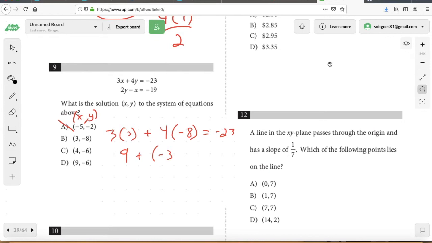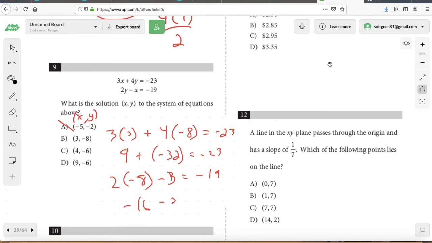That's looking good. That does equal -23, so I can confirm the top equation. Let's do the bottom one. We got 2 times -8 minus -3. That's supposed to equal -19. I get -16 minus 3.